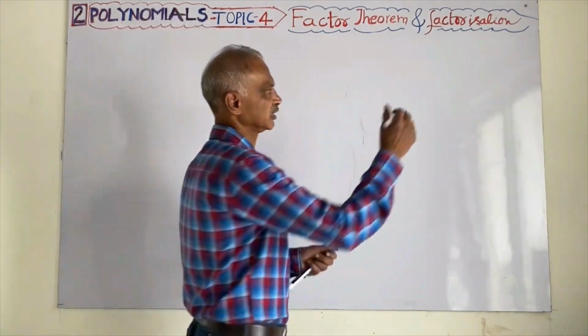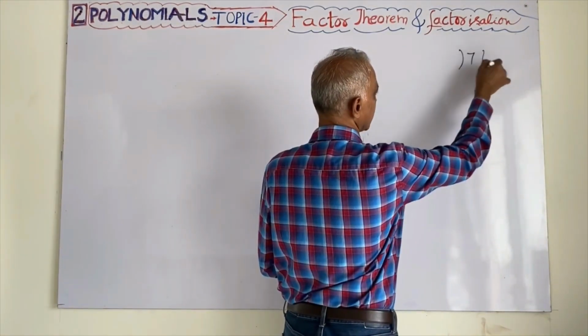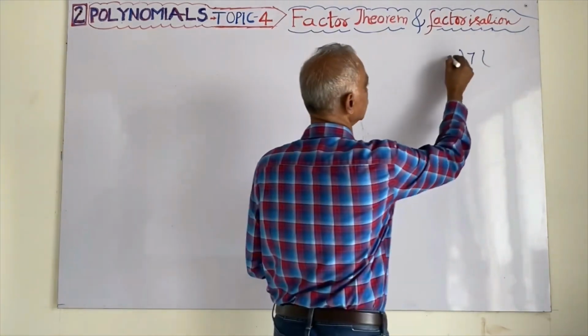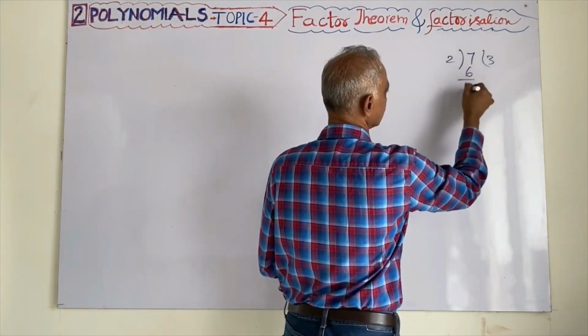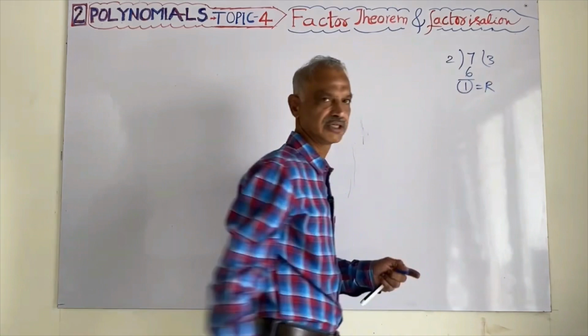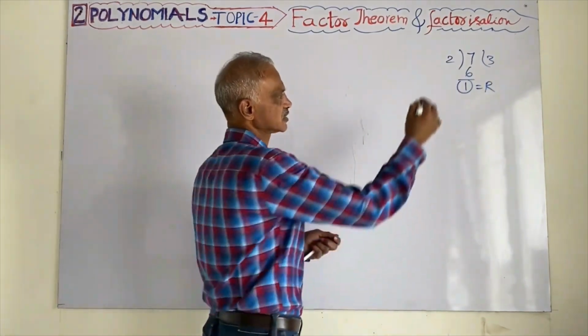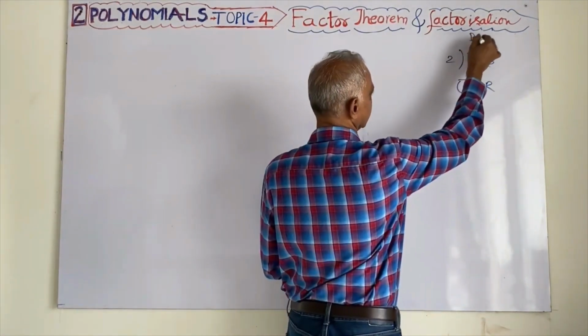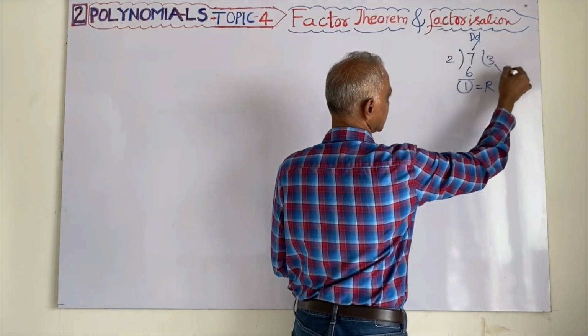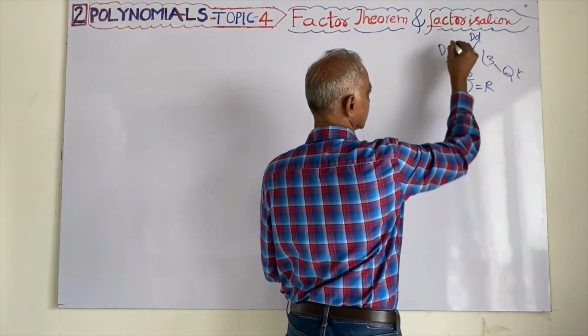First I will tell you, I am dividing 7 with 2. 2 threes are 6. What is the remainder here? The remainder is 1. This is the dividend, this is the quotient, this is the divisor.